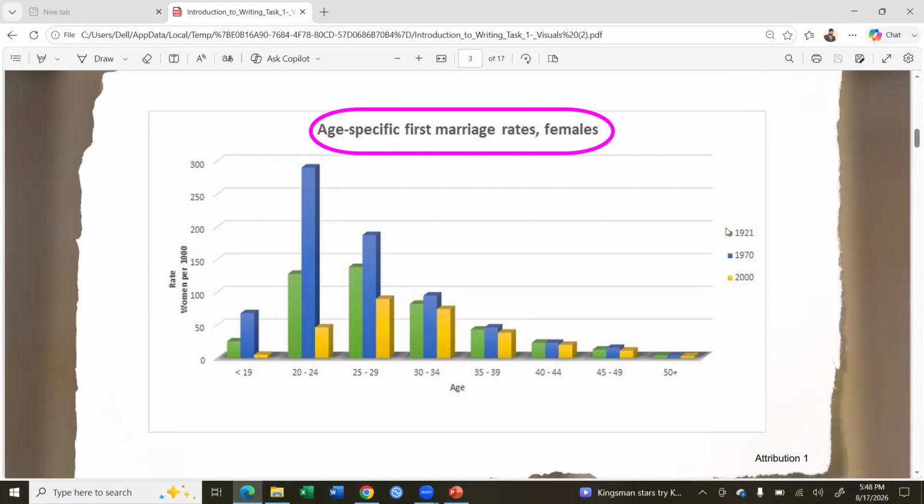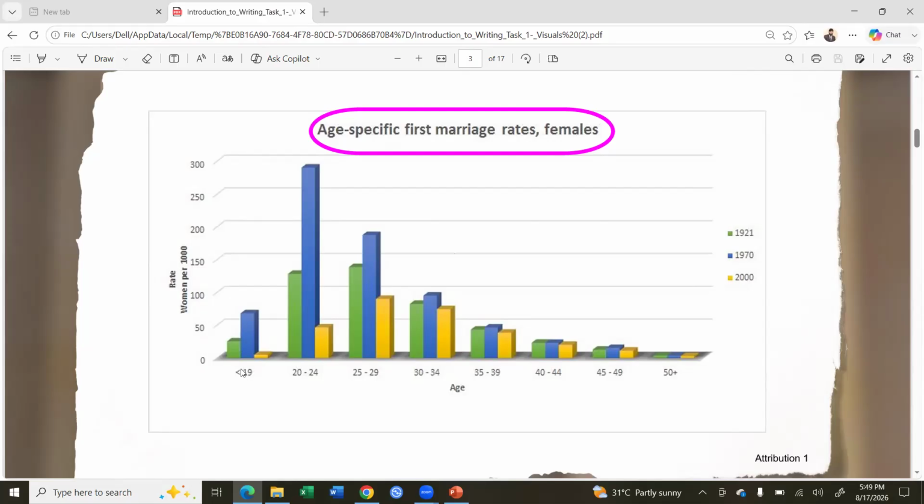Then we have three types of data: 1921, 1970, and 2000. The yellow color represents the 2000s, the blue represents the 1970s, and the green represents 1921, right? So if we look here, at 19 and under, the females who got married for the first time in 2000 is almost zero, right?